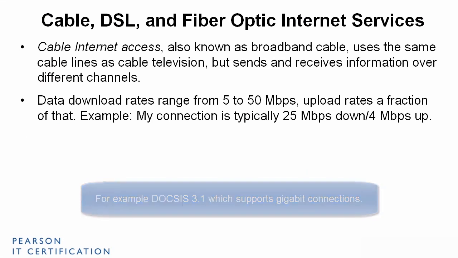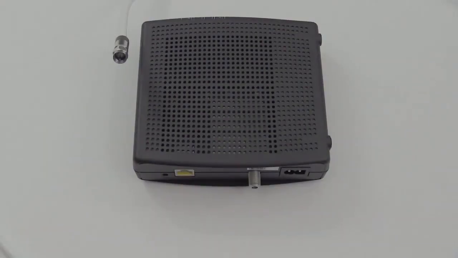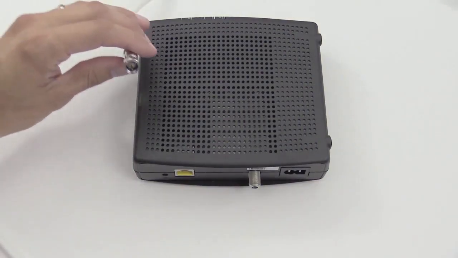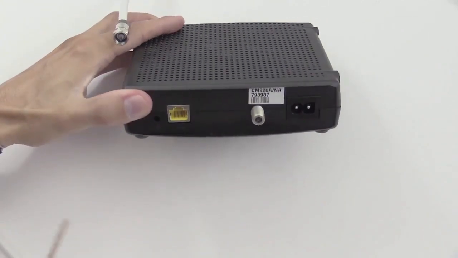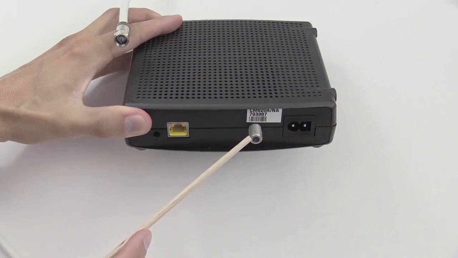The cable internet connections use RG6 coaxial cable, and it uses a screw-on F connector as shown here. So here we have a cable modem and a cable for it. And if we look at this typical cable modem, we see we have the screw-on connector here. That's for the F connector.